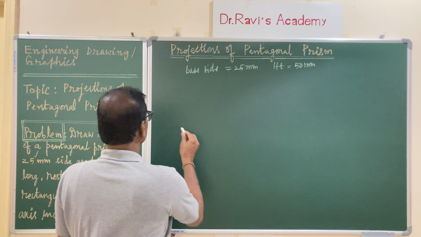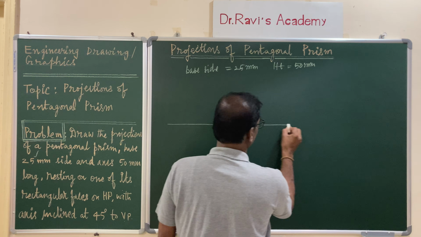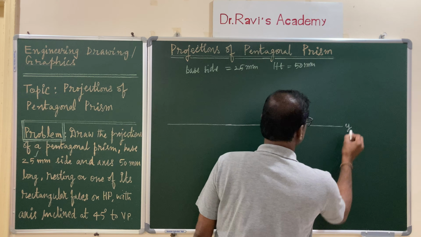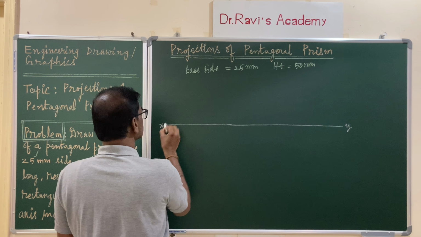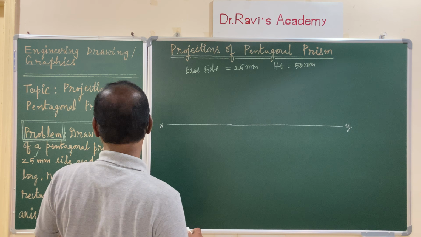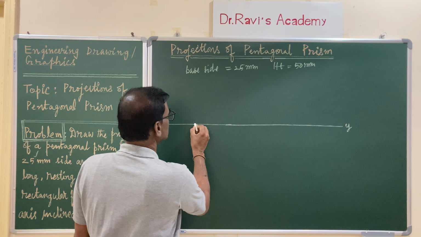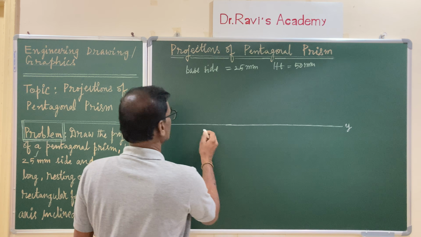Let us draw the reference line XY, right? And using a 2H pencil, first you construct the pentagon, in which the edge is given 25 mm.